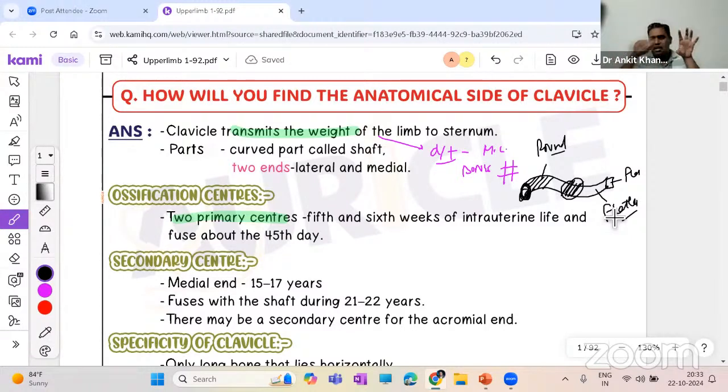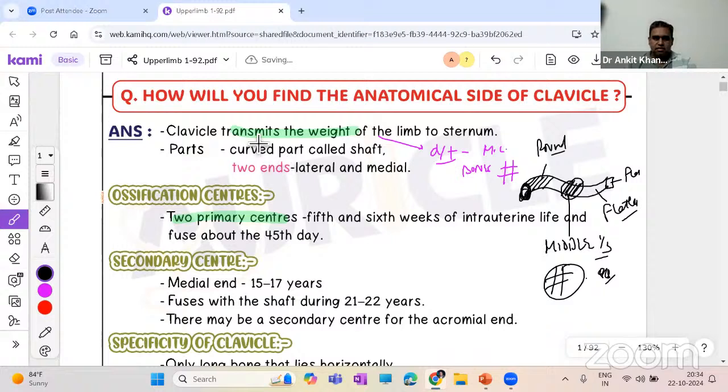Obviously, there has to be some transition in between, and that occurs somewhere around the middle third of the bone, or some books will say the junction of the medial two-third and lateral one-third. This is the area where this bone normally fractures. Try to understand this. Very important question asked.